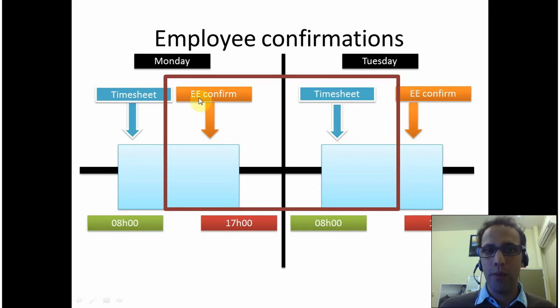Please make sure that you make these changes after you've confirmed and approved the timesheet that you received in the morning. So on Tuesday, once you have approved the timesheet, then you will get the employee confirmations report sent to you so you can make those changes and prepare tomorrow's timesheet.